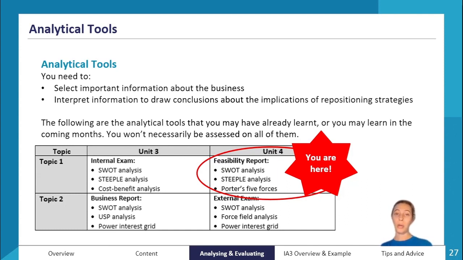So hopefully you're pretty familiar with that already. But if you're not confident with it, then we are going to go through it today. And then STEEPLE analysis, that's something that I mentioned earlier with a strategy to remember your macro environmental factors using that STEEPLE acronym.